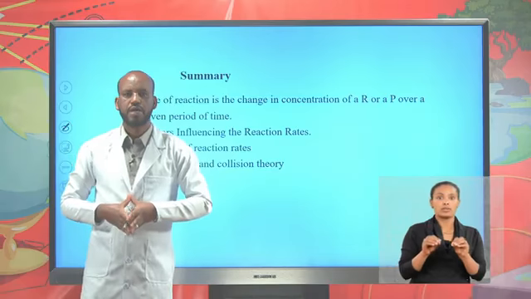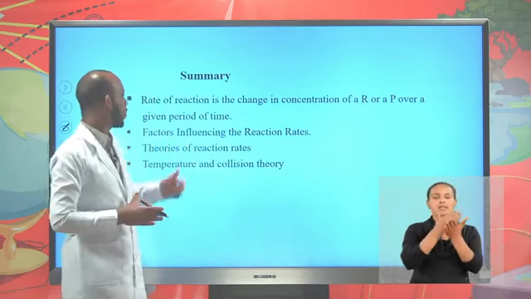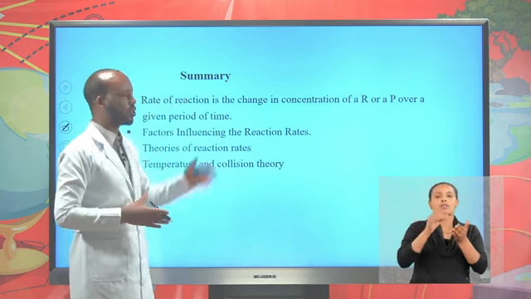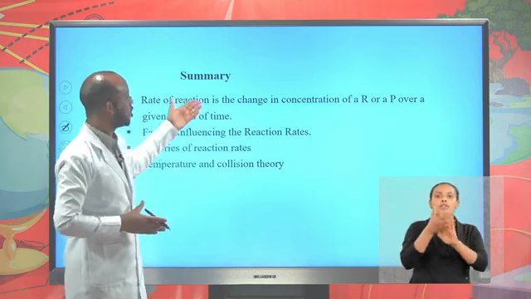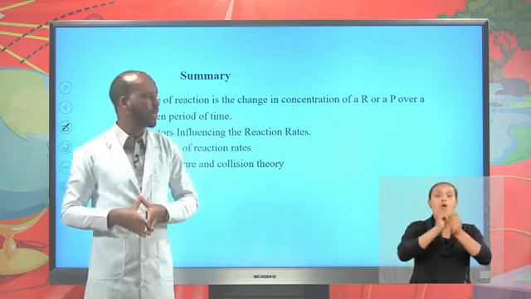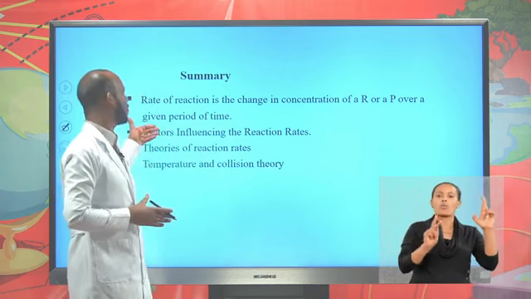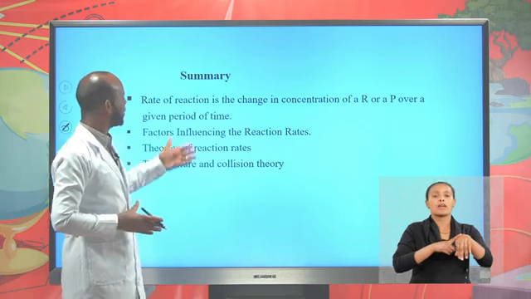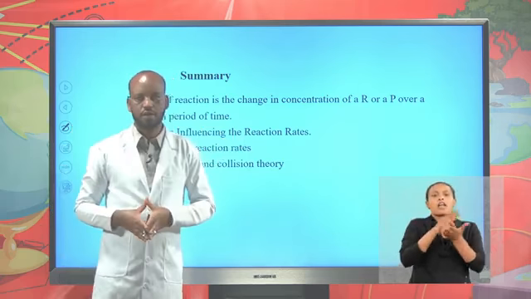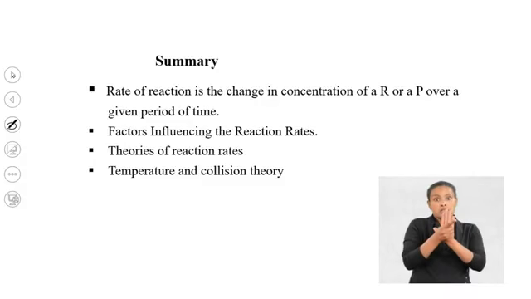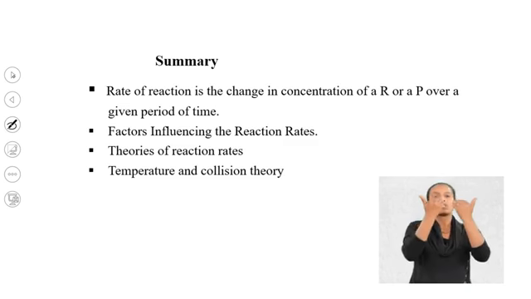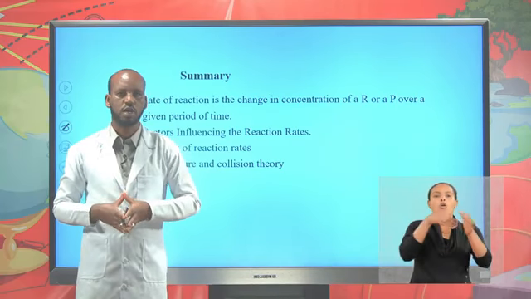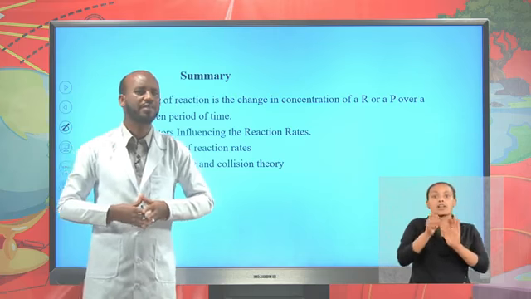Students, in today's lesson, we learned the rate of a reaction. Rate of a reaction is the change in concentration of reactants or a product over a given period of time. Factors influencing the reaction rates: factors such as temperature, concentration, surface area, catalyst, and so on affect the rate of the reaction.